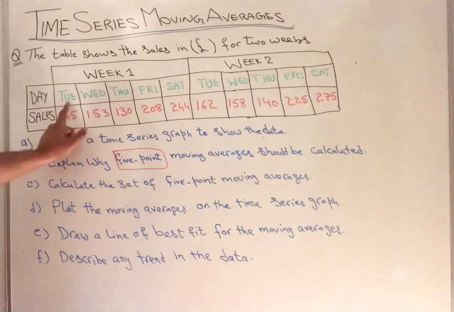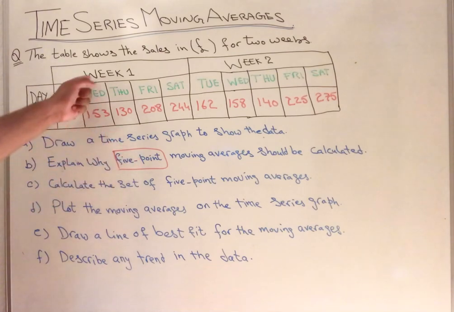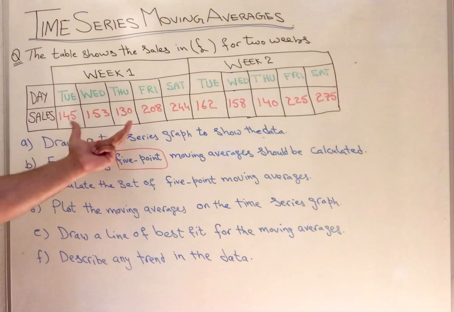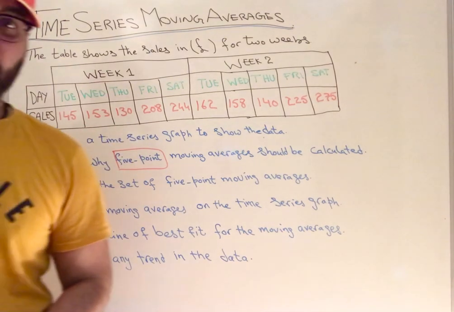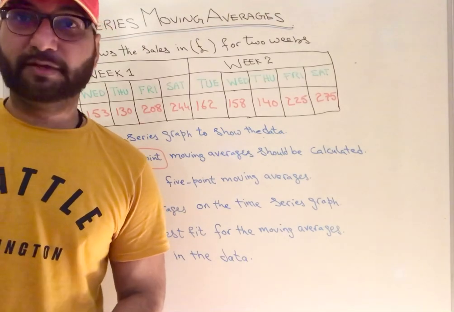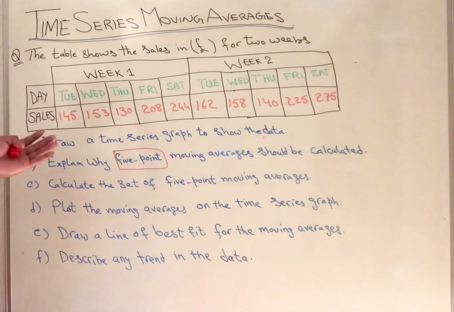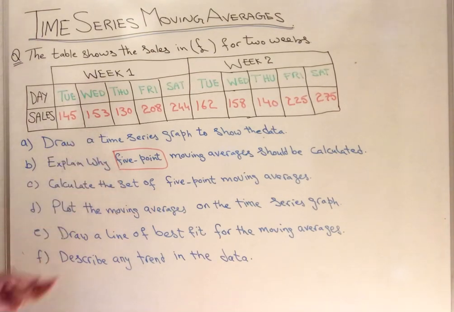In one week, how many days are there? 1, 2, 3, 4, 5. That's why we have selected 5-point. If there were 4 days, 6 days or 3 days in a week, we would select according to that. Some people work 5 days a week, or 4, 6, 7 or 2 days a week, so we select according to that point.